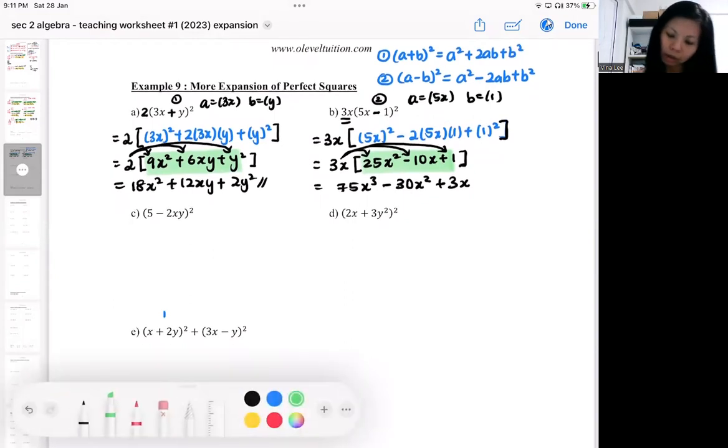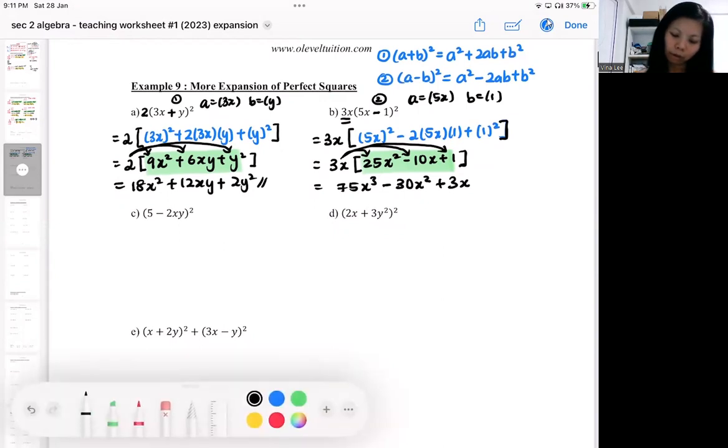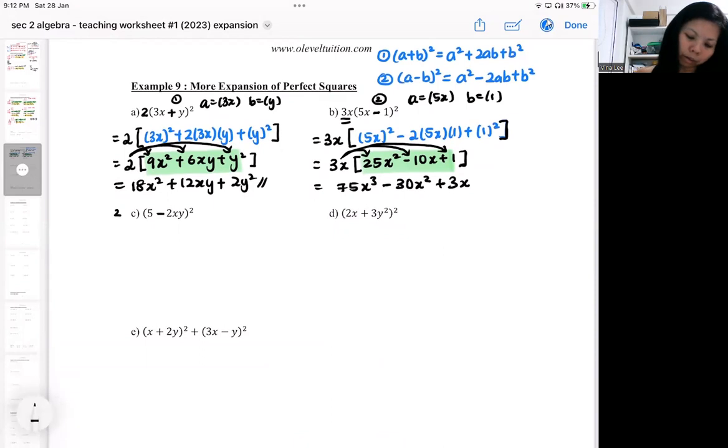Actually, C and D is quite manageable, I feel. If you look at part C, it should be formula 2, and A is 5, B is 2xy. So apply the formula. A squared minus 2ab. You realize I keep saying out the formula.